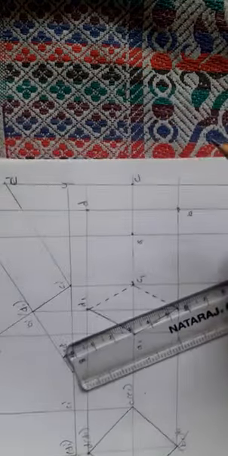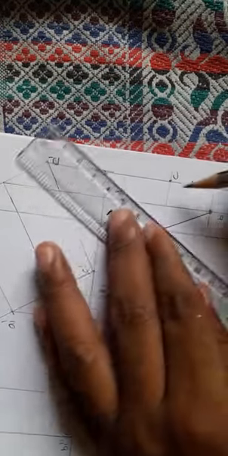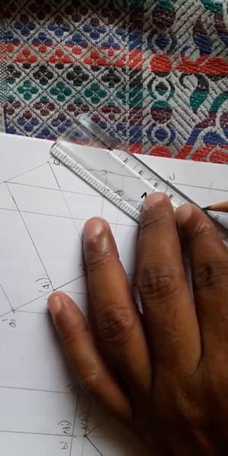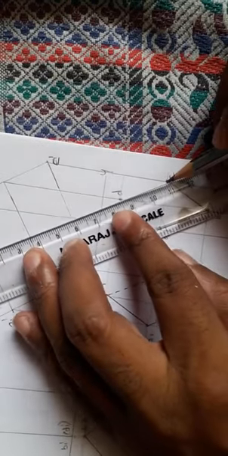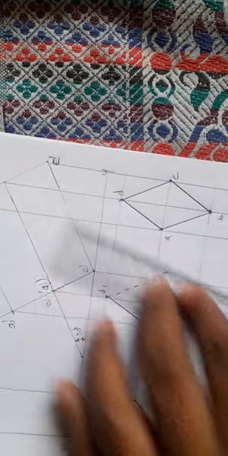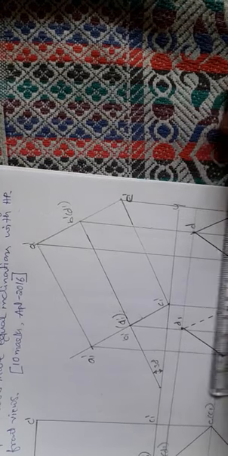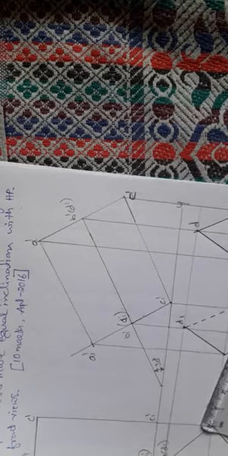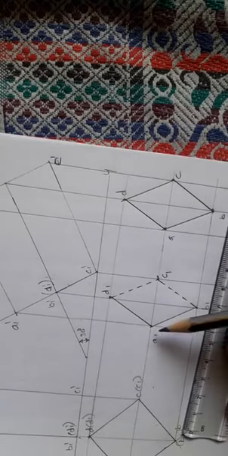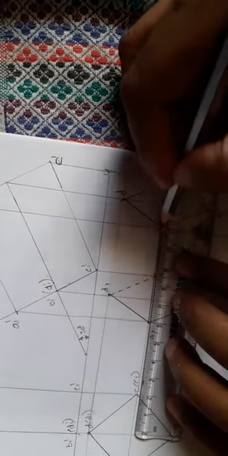Okay, so from here A to B is visible line, B to C is also visible line, C to D is also visible line, and D to A is also visible line. Okay, and A to A is also visible line. Right?